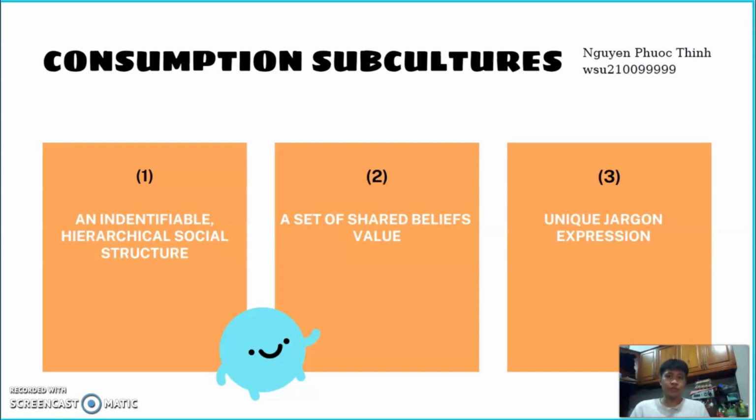Consumption subcultures have a strong influence when the consumer identifies with the group they belong to. This influence is quite significant if the consumer regularly interacts with those communities, as the subculture's lifestyle, values, and expected behaviors are frequently reinforced.